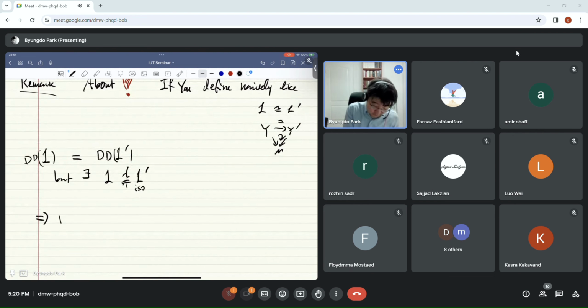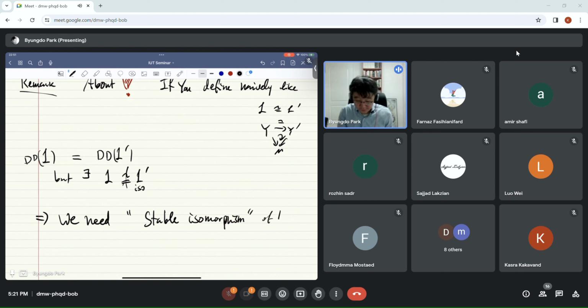So we need something which is called the stable isomorphism of bundle gerbs. So this is the correct notion.